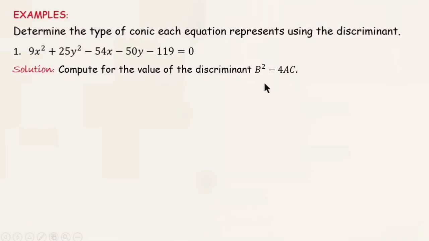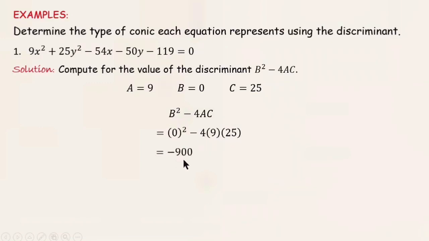Take note, the value of b is equal to 0 since walang xy term sa equation. A is 9 while c is 25. Substitute these values so we have 0 squared minus 4 times 9 times 25. 0 squared is 0 minus 4 times 9 is 36 times 25 is negative 900.